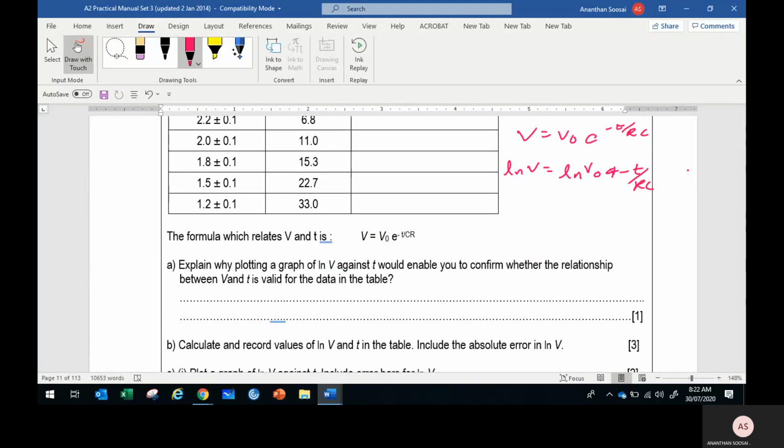Do you learn linear law in A levels maths again? Okay, so this is the final equation: ln V equals negative t over RC plus ln V naught.